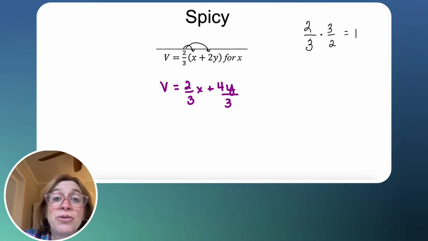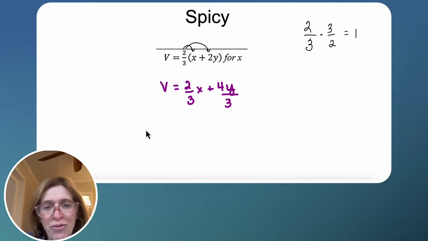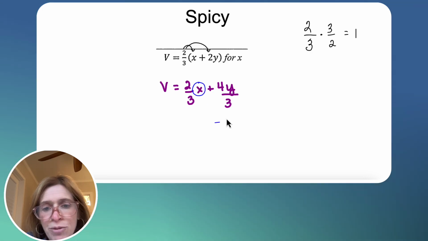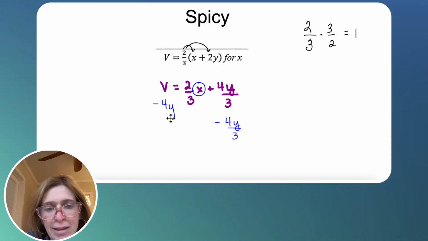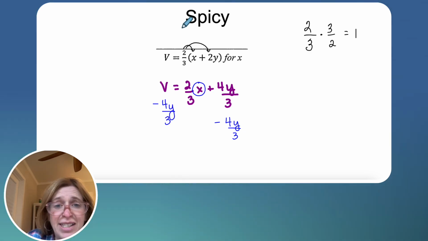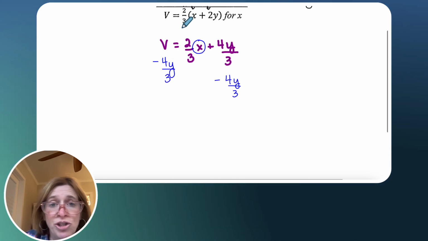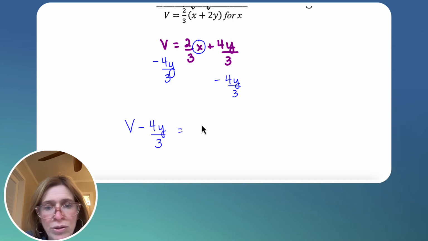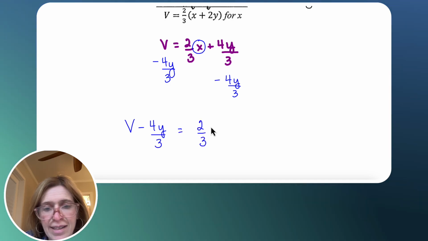All right, so then I could subtract, remember, I'm trying to isolate this x. I'm trying to get it alone. So I can subtract 4y over 3 from both sides. I'm going to clean this up, but a lot of fractions, and so it's just not my favorite way to approach it. So I have v minus 4y over 3 equals 2/3 x.